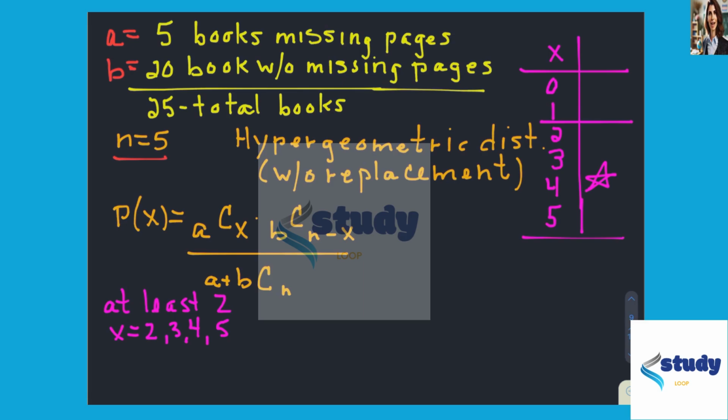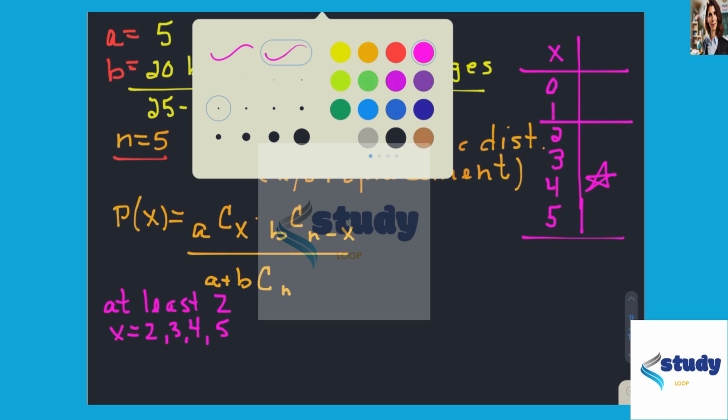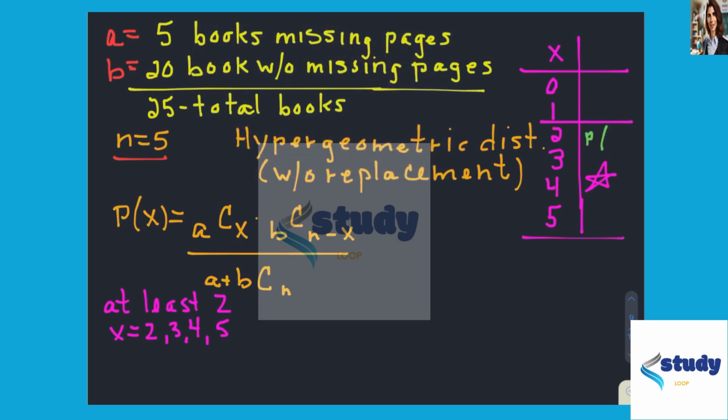So we can use this formula 4 different times, once evaluating P of 2, once evaluating P of 3, once evaluating P of 4, and once evaluating P of 5. And if we keep in mind that anytime we are working with a probability distribution, the sum of the P of X column is always going to add up to 1.